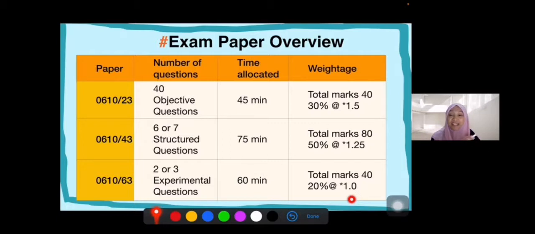So, kita akan ambil ketiga-tiga paper dan ketiga-tiga paper ni akan berlangsung pada minggu yang berbeza. Setakat November 2020 and June series 2021, paper objektif selalunya paling belakang sekali, paling akhir sekali sebelum kita bercuti.